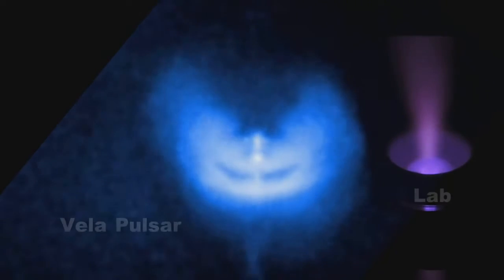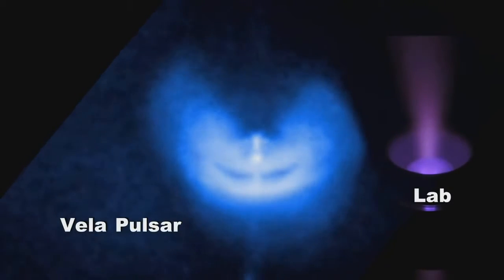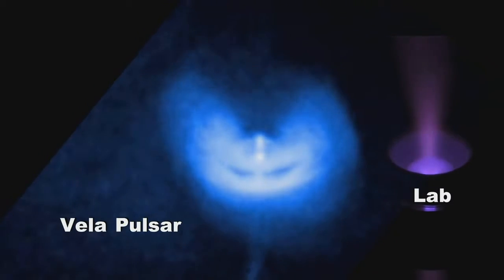If we look at how these bowl-shaped magnetic fields function in the vacuum chamber, we see that they also emit energy in rapid pulses.